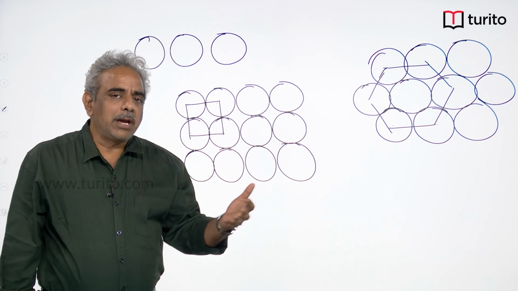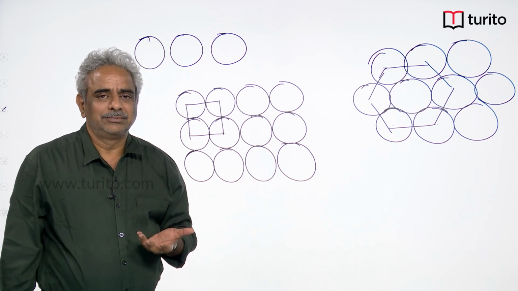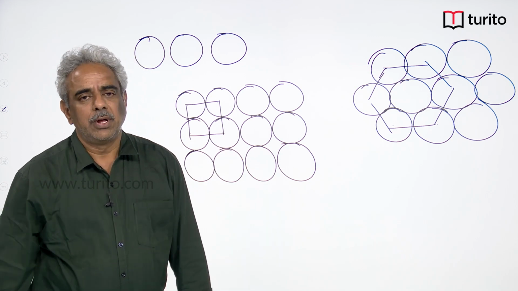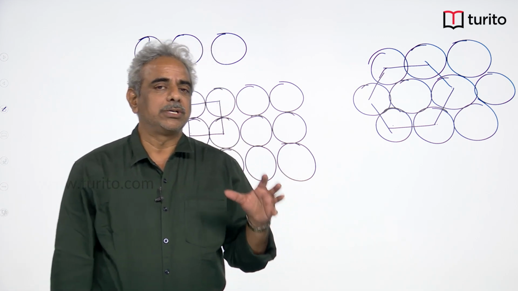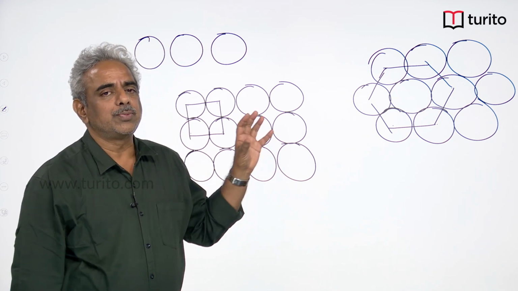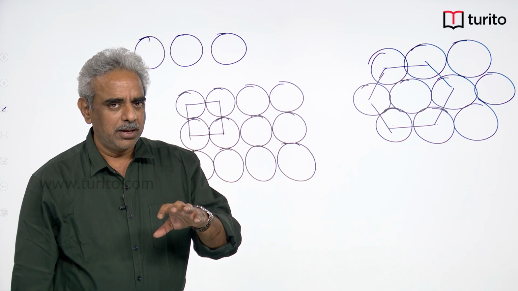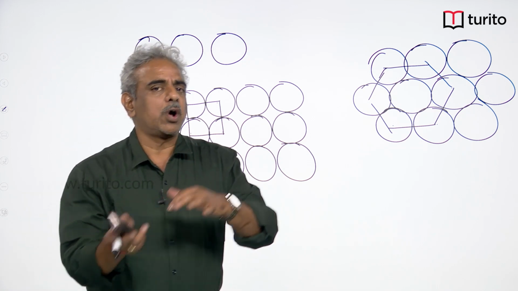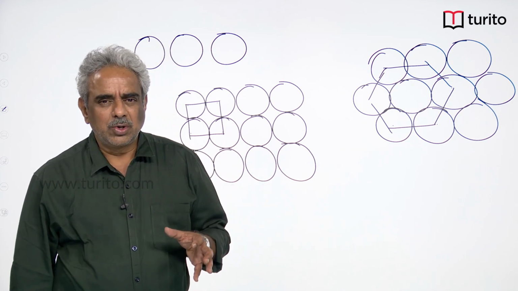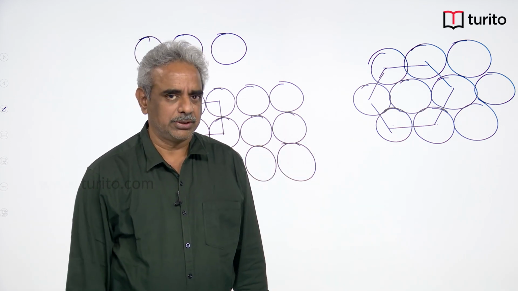If I go for a second layer, if I go for a third layer, I will have many different possibilities of 3-dimensional arrangements of hard spheres. If you can understand the close packing of spheres clearly, we can transform those arrangements as an analogy to understand various crystal structures.